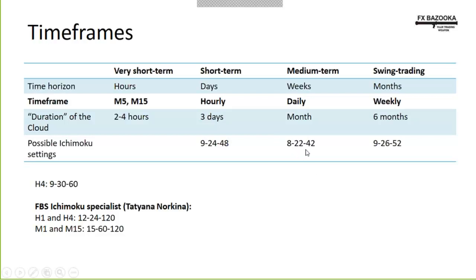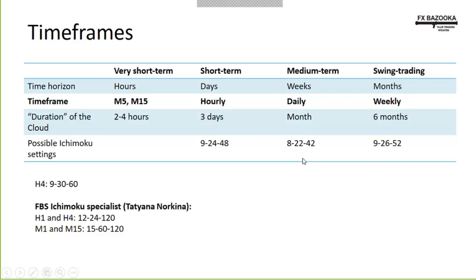So following the logic of the creator of the indicator, we adjust this to our common environment we have now. For short-term period, for hourly time frame, when the cloud lasts for about 3 days, this is what is proposed, 9, 24, 48.